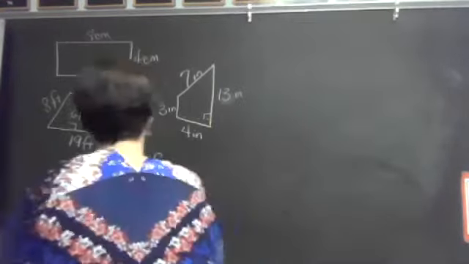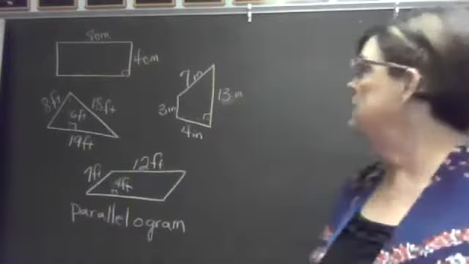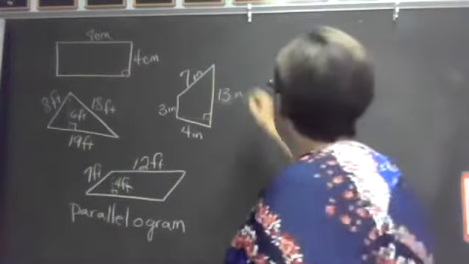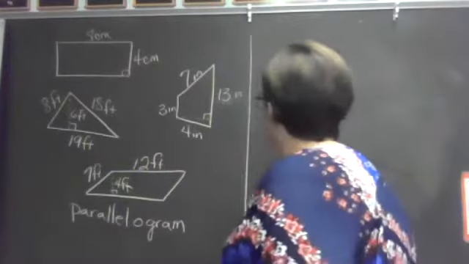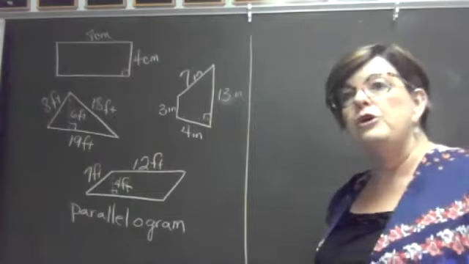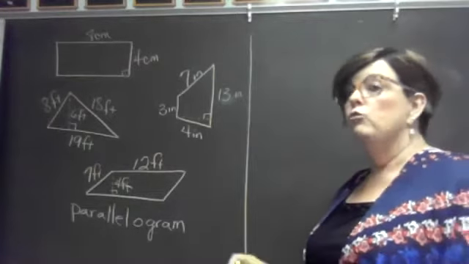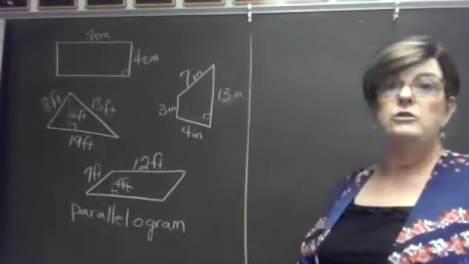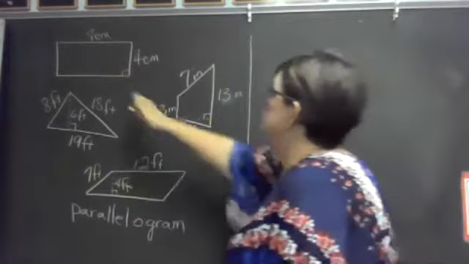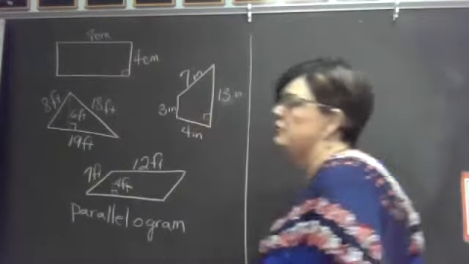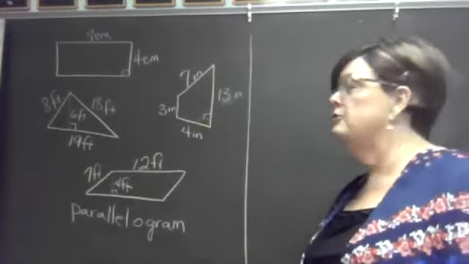Okay, the way I want you to do your work is to find the formula and write the formula down first. For the perimeter you don't have to, but for the area, I want you to.